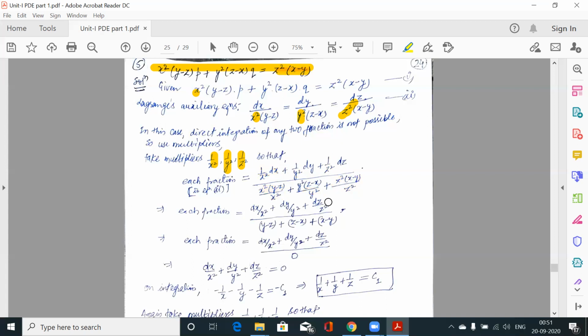So that x² is cancelled, y² is cancelled, z² is cancelled. Now what is left? y minus z in the denominator, z minus x, x minus y. Again, minus z plus z cancelled, y minus y cancelled, minus x plus x cancelled. So everything gets cancelled.